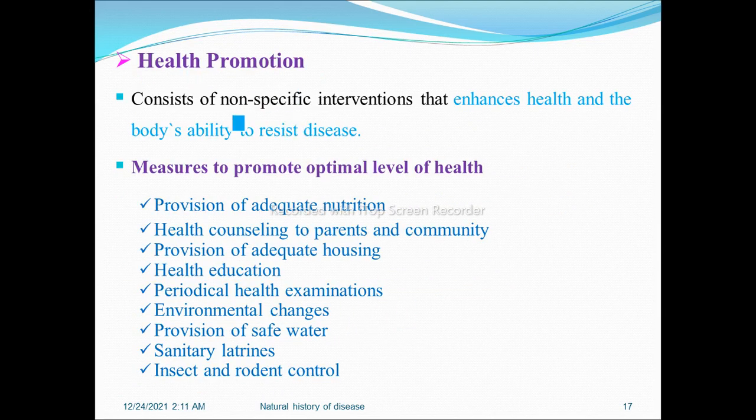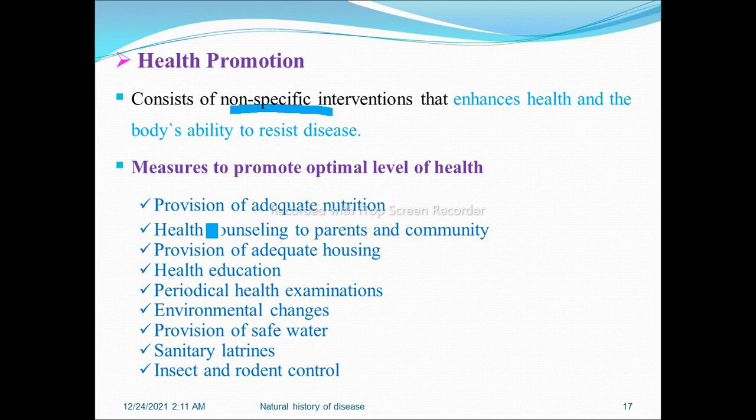Health promotion consists of general or non-specific interventions that enhance the health and the body's ability to resist disease, either enhancing positive health or increasing the body's ability to resist disease. This is a very important part of health promotion. The measures may be providing adequate nutrition, doing physical exercise, health education, and environmental sanitation.